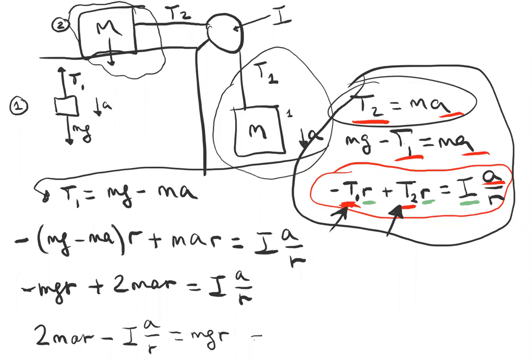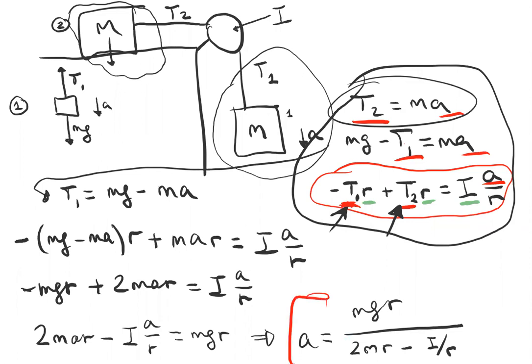And from here, it follows that my acceleration is mgr divided by twice mr minus I over r. Okay, this is my acceleration.